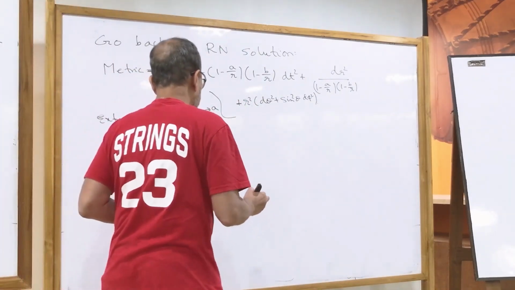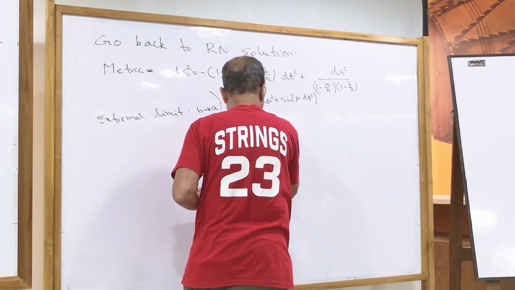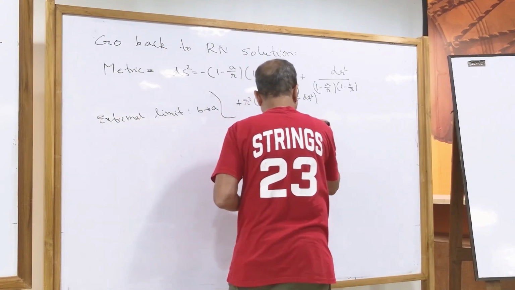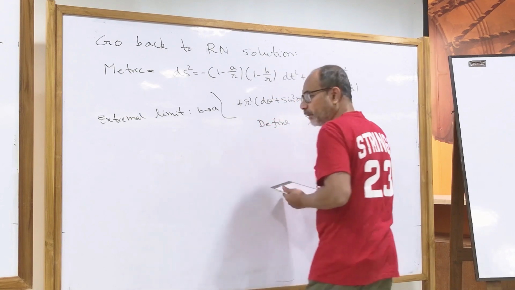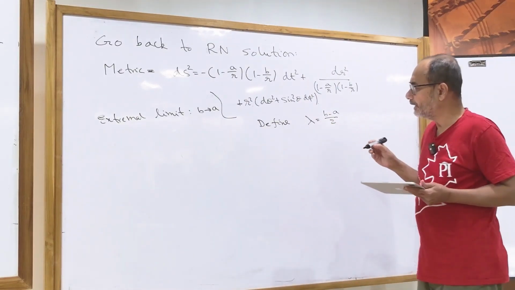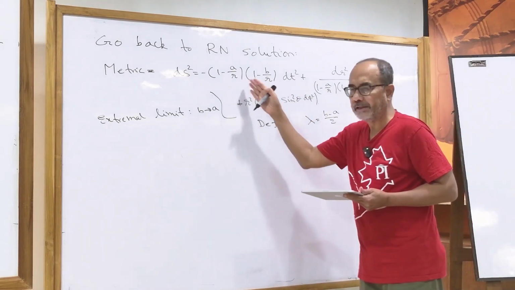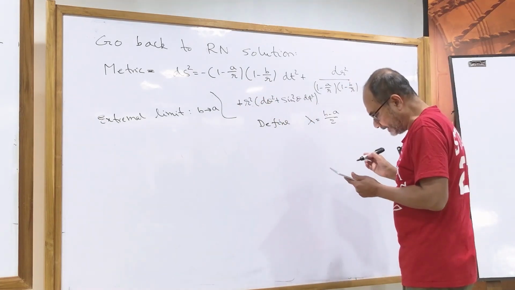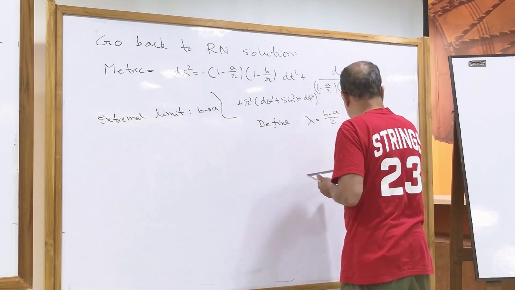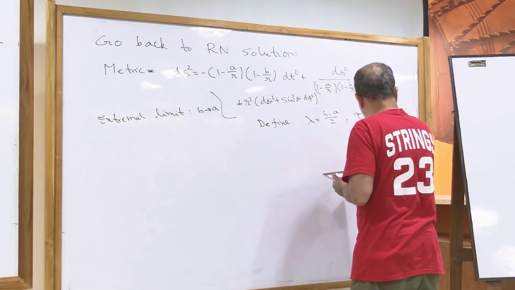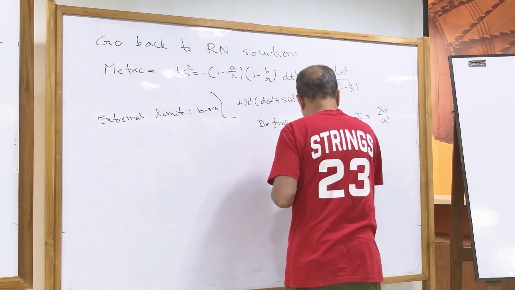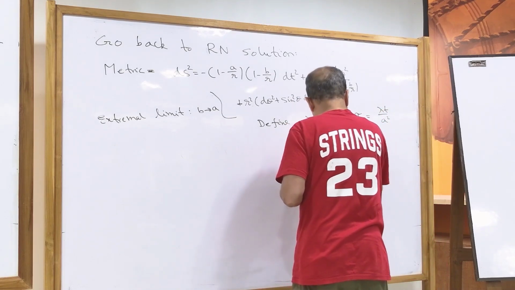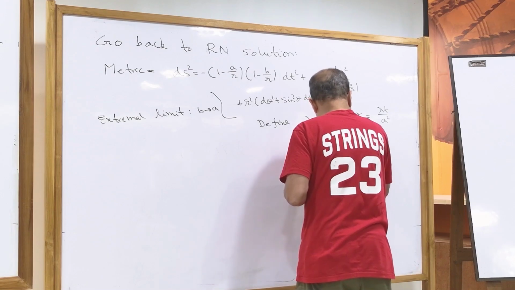So we define lambda as (B minus A) by 2. So lambda is what you want to take to 0. But instead of just setting B equal to A here, we first rescale our coordinates. We define the rescaled time tau, which is lambda t over A squared. And we also define a new radial coordinate rho, which is (2r minus A minus B) over 2 lambda.